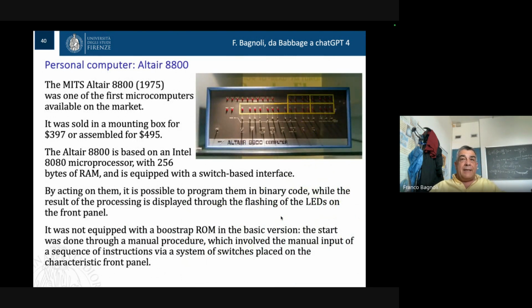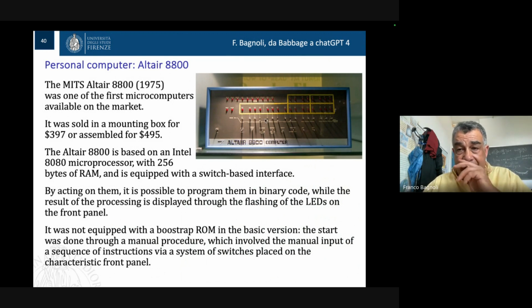Okay, so finally, home computers start to appear, and one of the first, the most famous, was the Altair 8080. This was an extremely Spartan 8-bit computer, clearly based on the 8080 processor, with 256 bytes of RAM, without any paging.